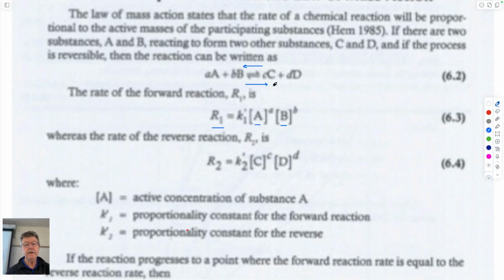And so if we do that for the forward reaction, which is R1, and the reverse reaction, which is R2, we end up with these two individual components.